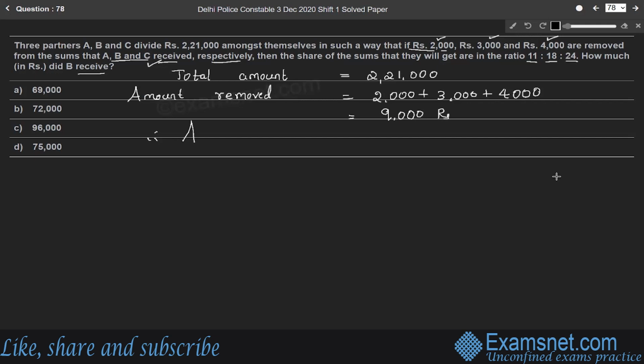Therefore, amount received is 2,21,000 minus 9,000 is equal to 2,12,000. And this amount after reduction, 2,12,000, was distributed among A, B, and C in the ratio 11 is to 18 is to 24.